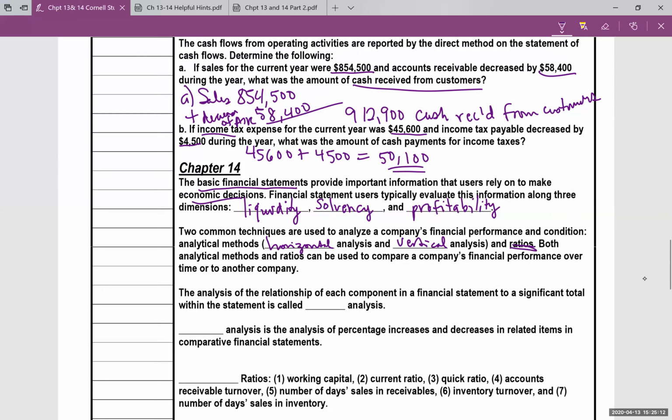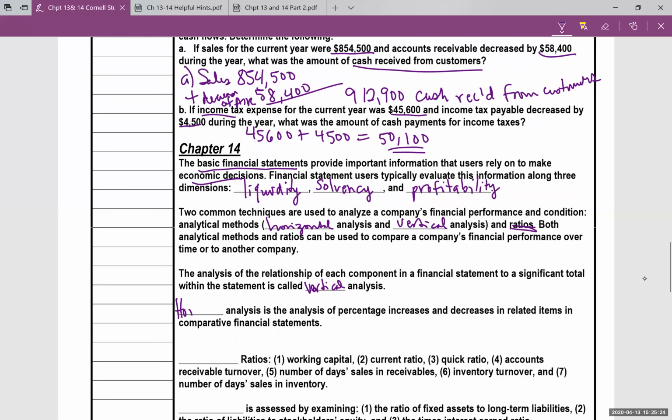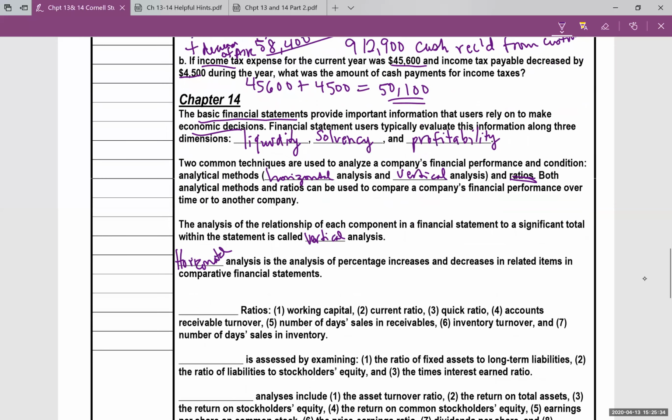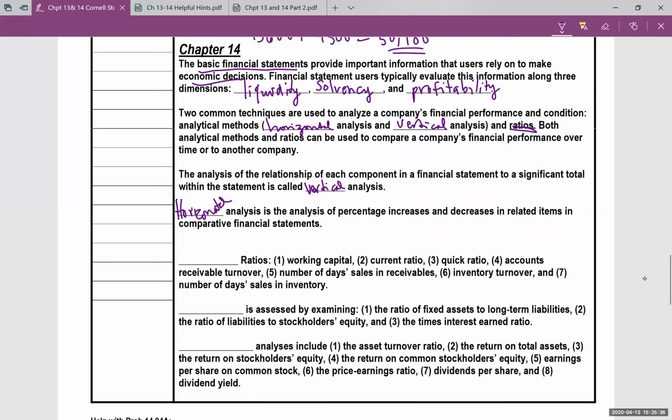The analysis of the relationship of each component in a financial statement to a significant total is your vertical analysis. We'll do an example of each. And then your horizontal analysis is the analysis of percentage increase and decrease related to items in comparative financial statements.